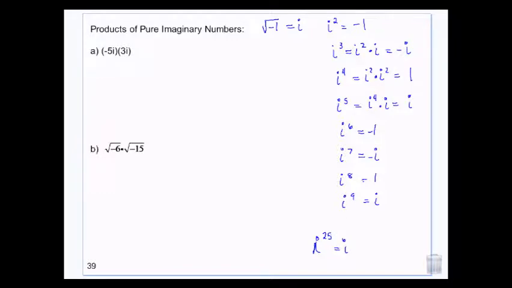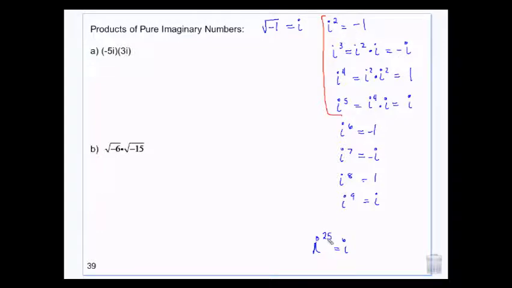So if you have these first 4, you can just rotate through them and just count until you get to the one you need. Does that make sense? Want me to do it again?